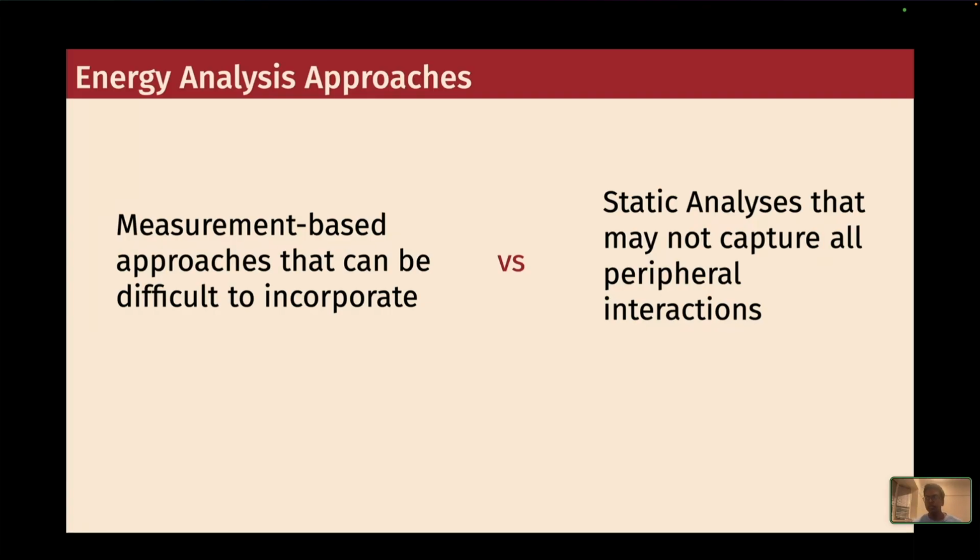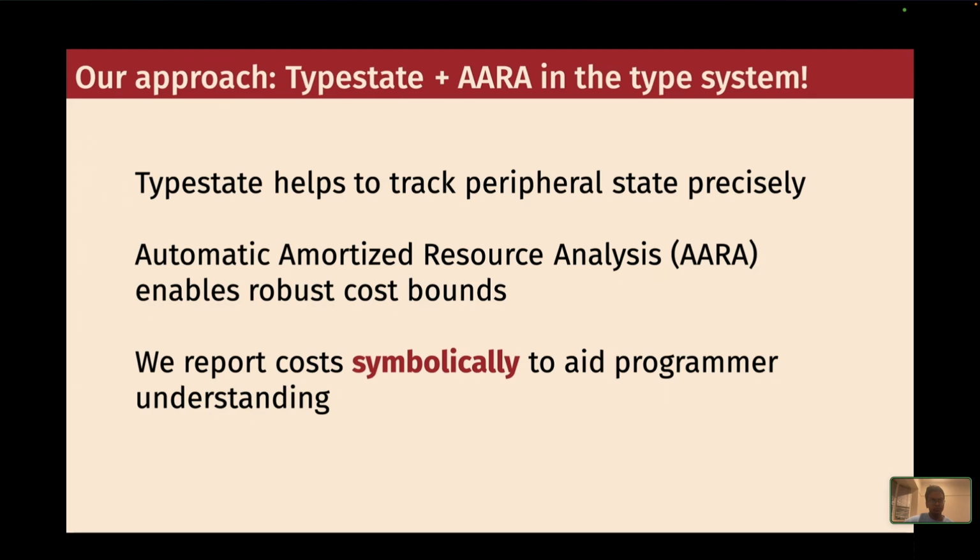On the flip side, there's also many static analysis approaches, which is very easy from a programmer's perspective, as it simply operates as a compiler plugin and typically needs little to no input from the programmer. However, as a static analysis, it may not be able to capture all of the fine-grained peripheral interactions and state that is present. So the question is, can we have a tool that does both, captures fine-grained peripheral interactions while also being accurate and easy to use?